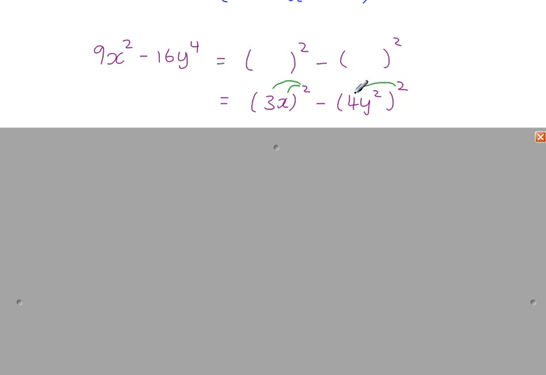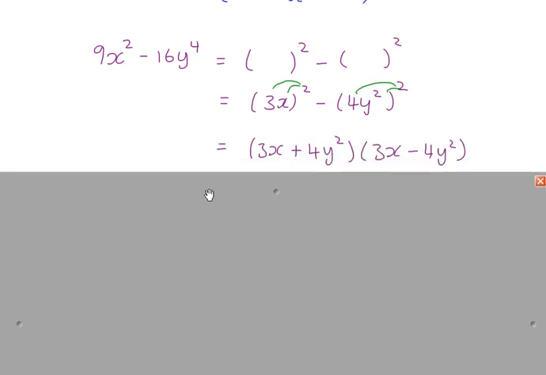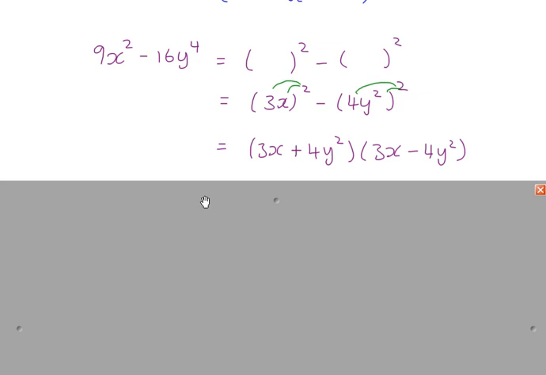And that square goes on the 4 and the y squared, so 4 squared, 16. Y squared squared is y to the power of 4. And then we factorize. So the 3x and the 4y squared are used to make up the terms here, but the signs here have to be opposites.